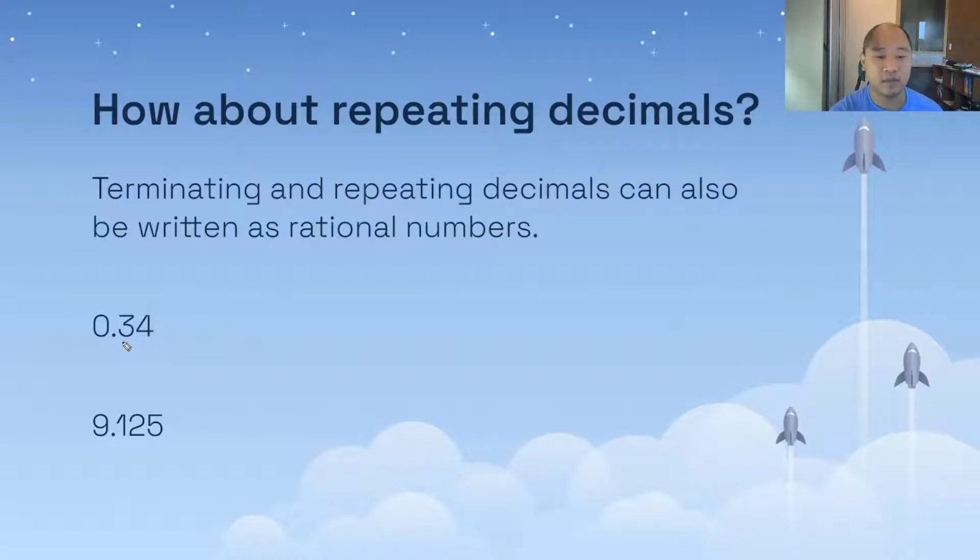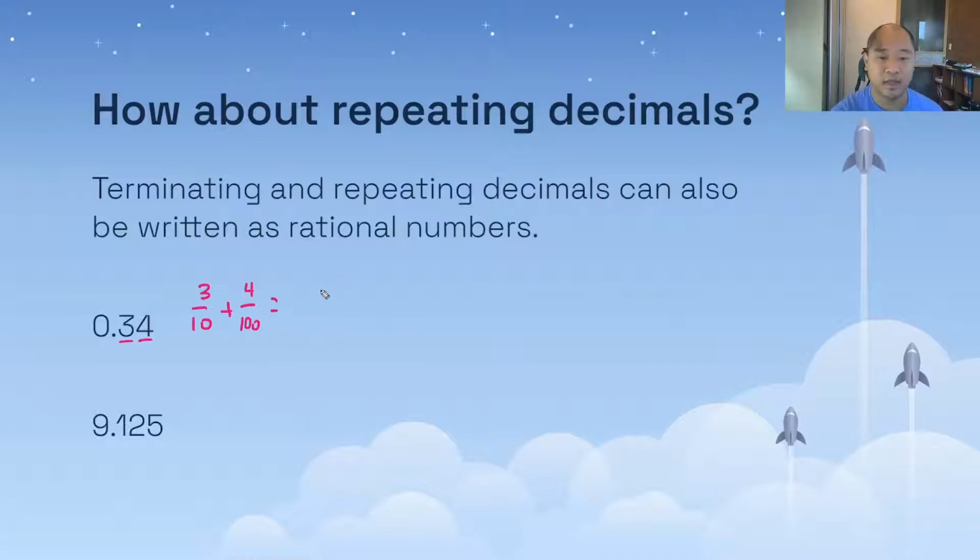So this number has a tenths place and a hundredths place. Why is it called tenths and hundredths and not some other name? Well, this has a hundredths value, and the tenths value, which is 3 over 10, and the hundredths value, which is 4 over 100.